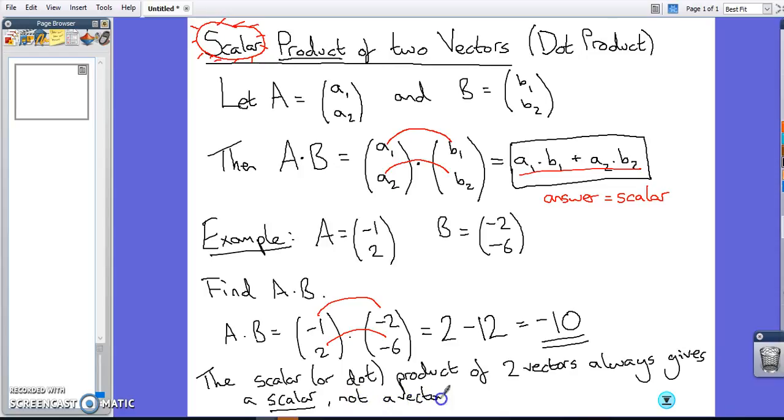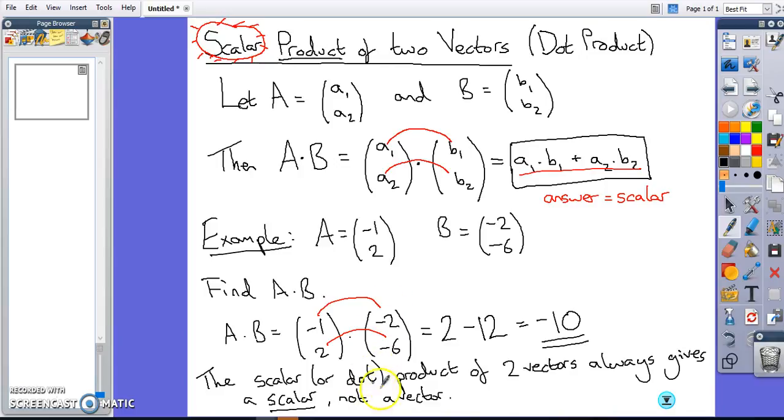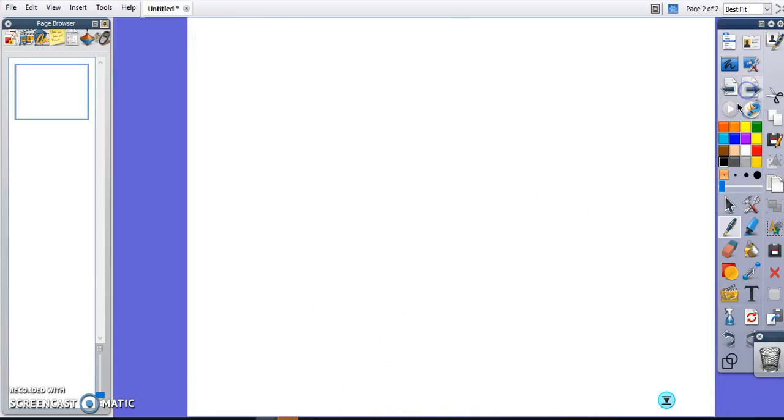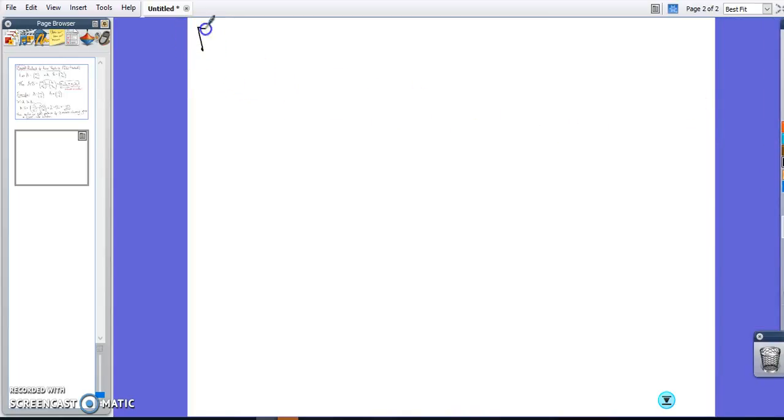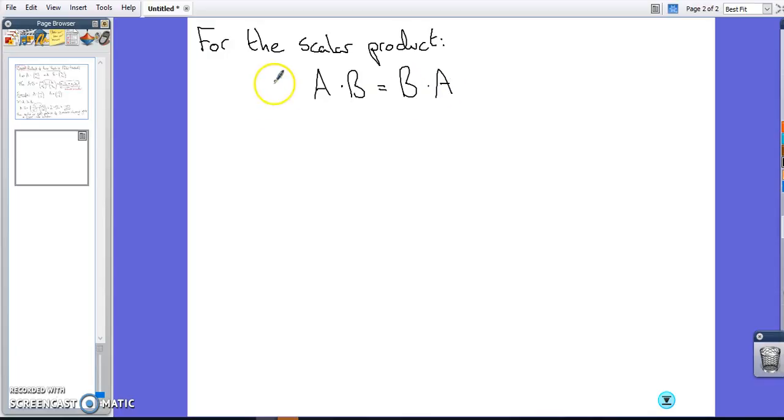And it's important to note for these scalar products that certain rules hold. So, for the scalar product, we have that A dot B is always equal to B dot A. That's our first rule that holds.